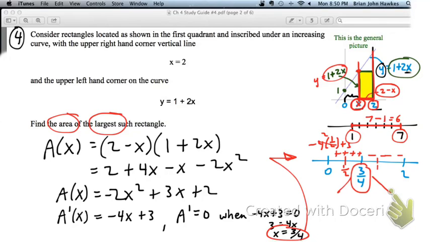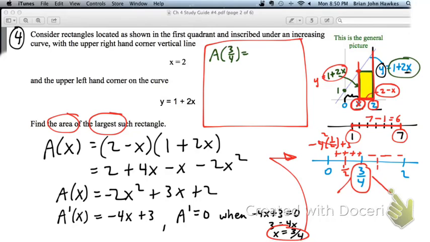What is the question? Find the area of the largest such rectangle. So the area when x is equal to 3/4 is 2 minus 3/4, multiplied by 1 plus 2 times 3/4.